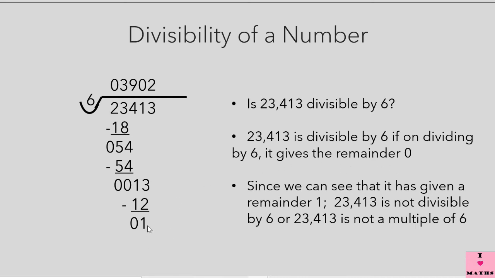Since it has not given the remainder 0, the remainder is 1, 23,413 is not divisible by 6, or 23,413 is not a multiple of 6. Okay, children, this was a conventional way.